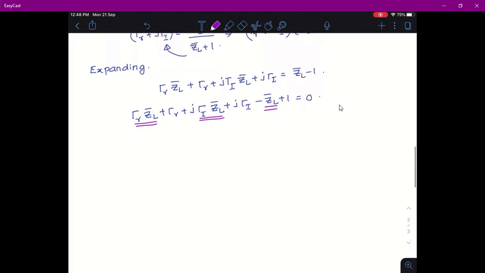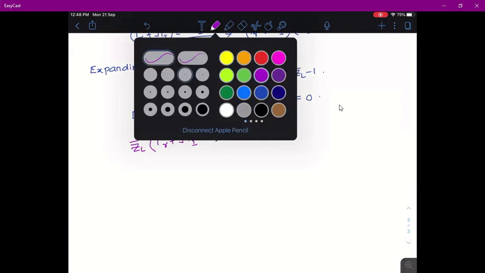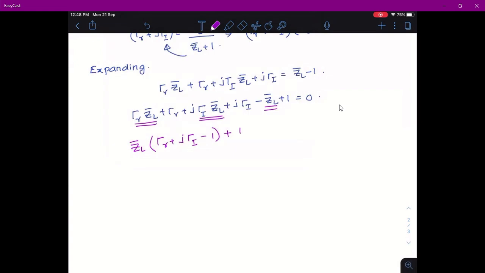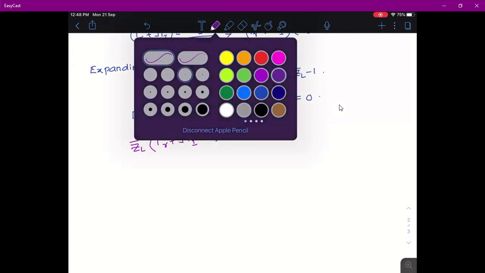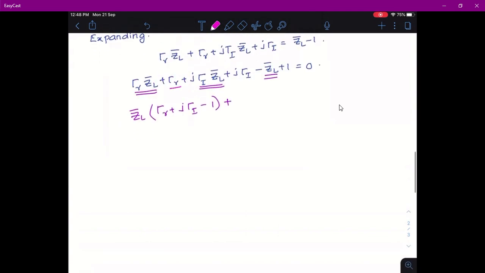If I take ZL bar, it will be tau R plus j tau I minus 1, plus the rest of the terms, tau r plus j tau I plus 1 is equal to 0.